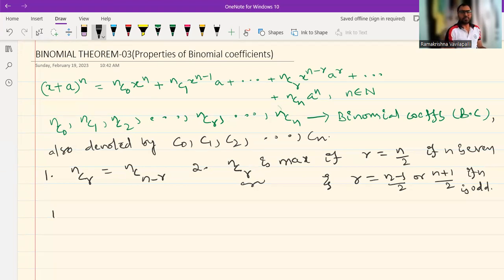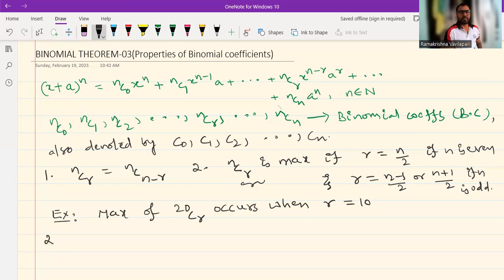For example, the maximum of 20Cr occurs when, here the n value is 20, so when r equals 20/2, when r equals 10.